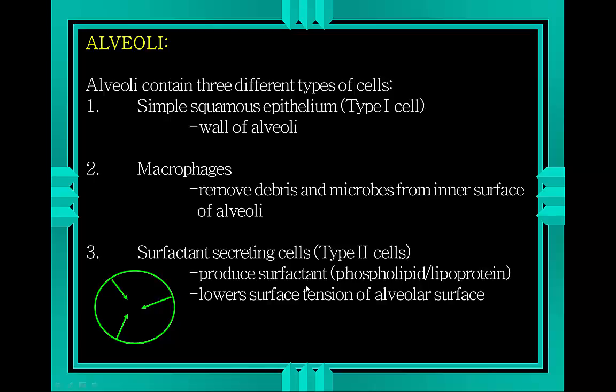Well, the liquid of the surfactant produced by these type 2 cells lines the internal surface of the alveoli with a very thin coat of liquid. This is important because gas exchange can't occur effectively across a dry membrane. So the problem with water, though, is that it has a really strong cohesive force, that is, the water molecules really want to stick together.